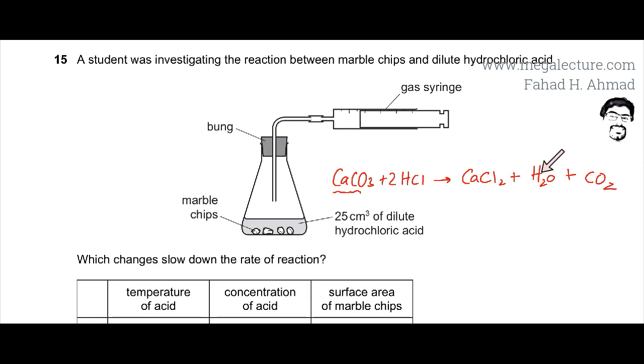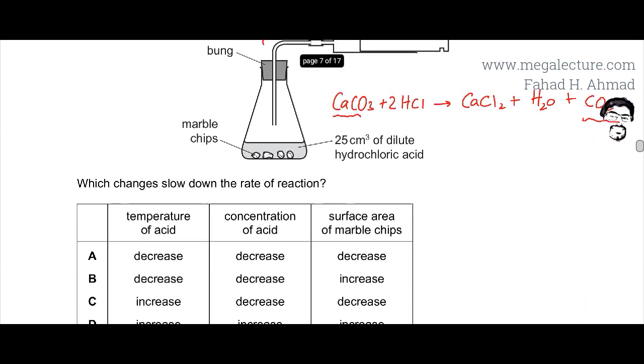The gas being produced is carbon dioxide gas, which would be collected. CO2 is the only gas being produced, which is going to be collected in this syringe.